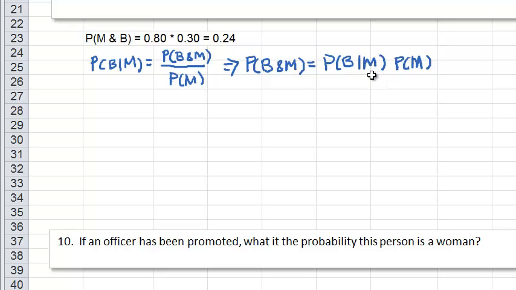Now, in general, it's helpful to draw a tree of probabilities when we compute various probabilities. Let's draw a probability tree. First we start out with the marginal probabilities that are given.